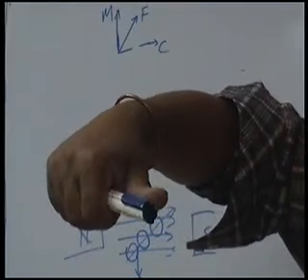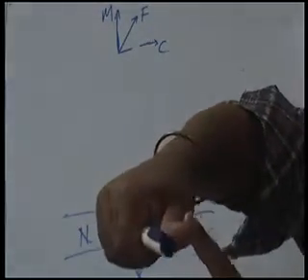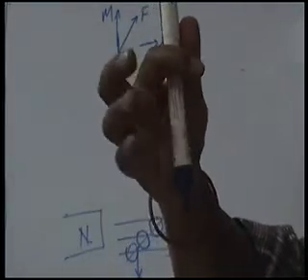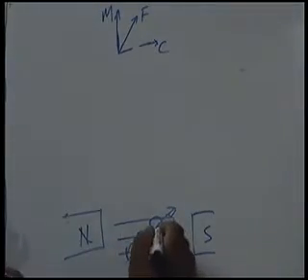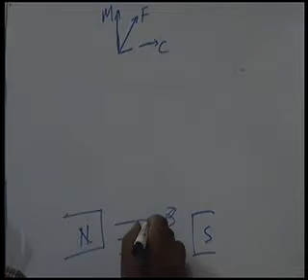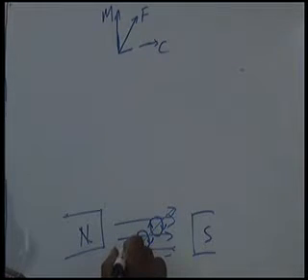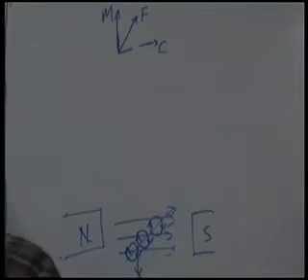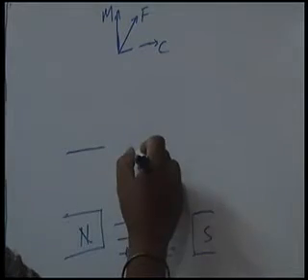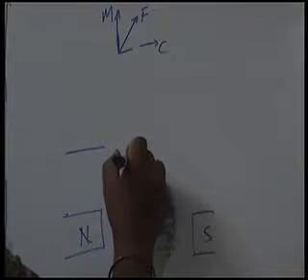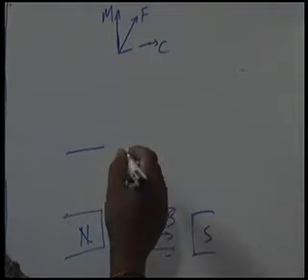If this is the direction of the current, then these fingers show the direction of the magnetic field. So obviously the magnetic field will be in this fashion. So if we draw, let's take this conductor to be going inside this board, straight perpendicular to the board.